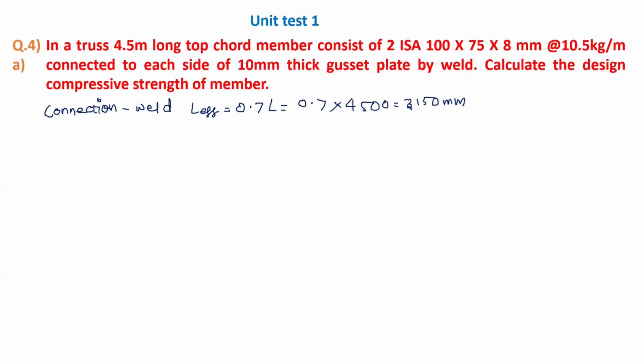Then we have to see the area of this. So 3150. Then we have d by t, so 100 divided by 8. This is 12.5, correct, 12.5.